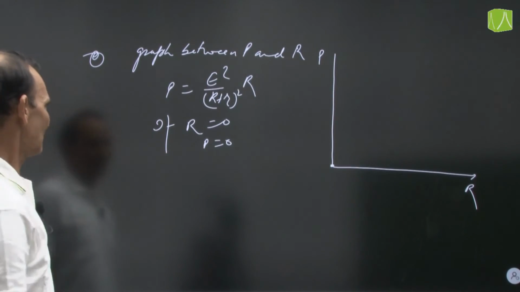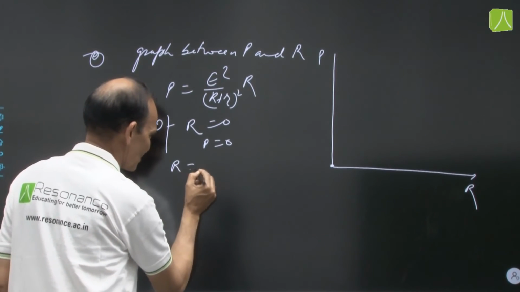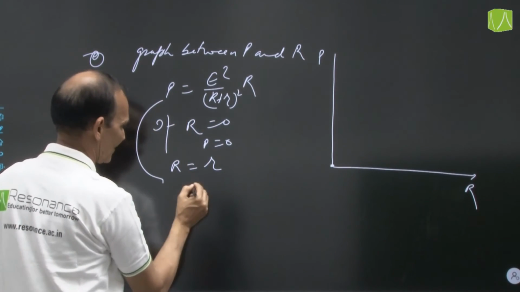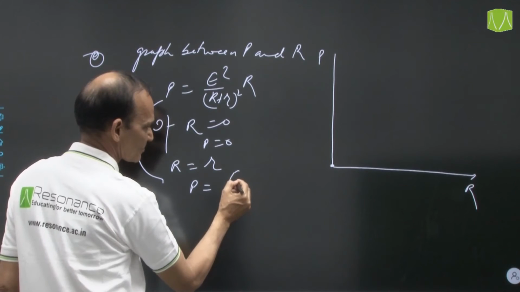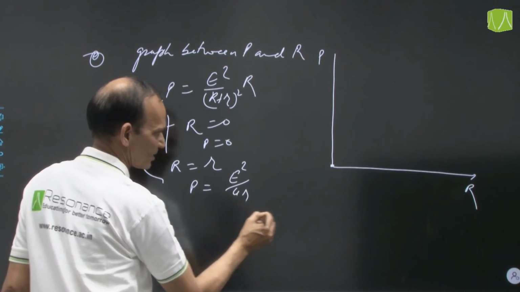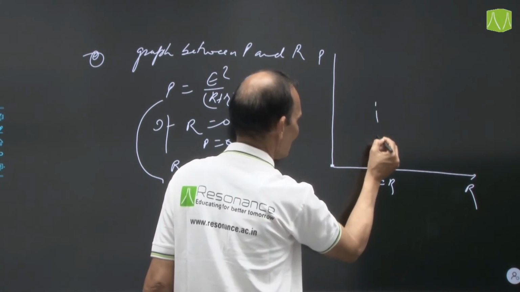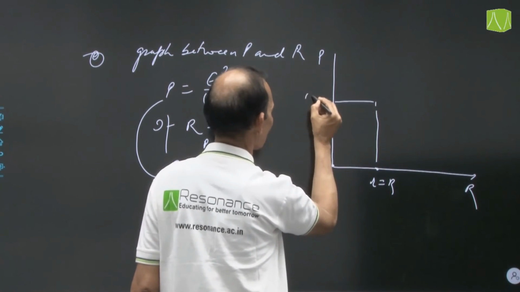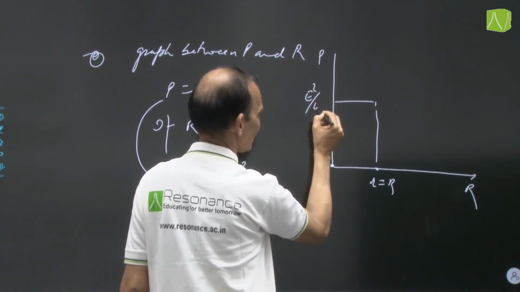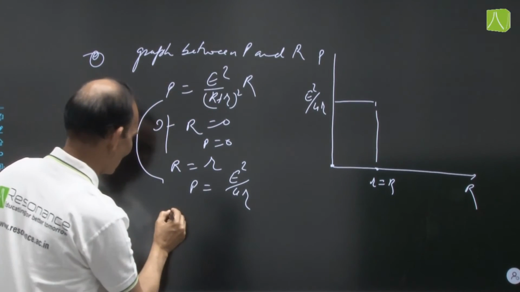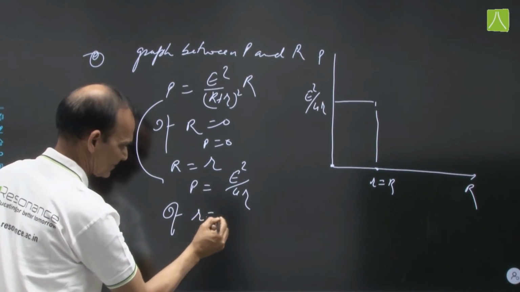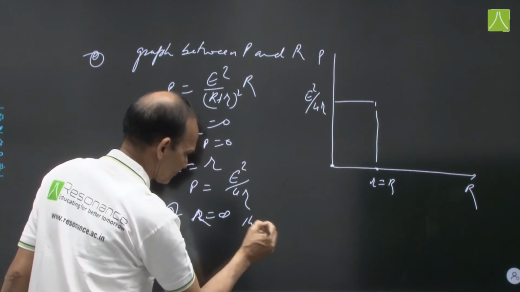Now think about R equal to small r. If we put it here, then what is the value of P? That will be the maximum, E square upon 4r. At this point, small r is equal to capital R. Now if capital R is equal to infinity, then what is the value of P?